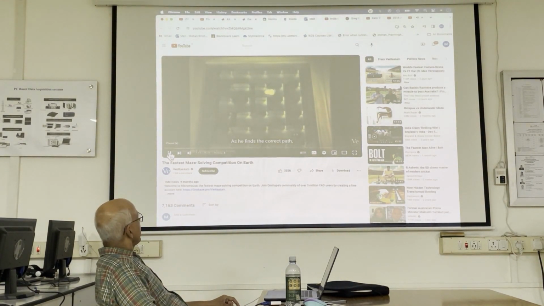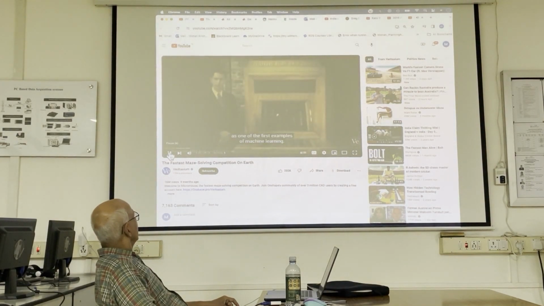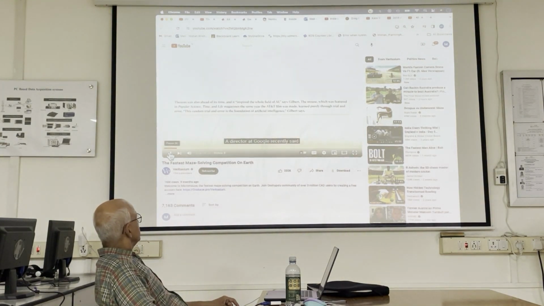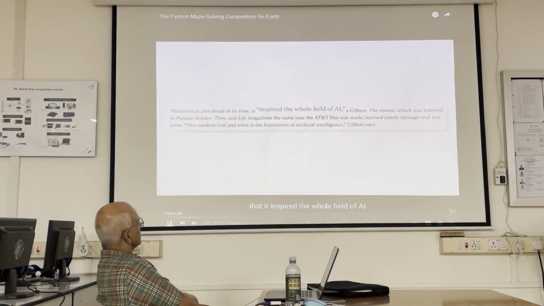As he finds the correct path, he registers the information in his memory. Later, I can put him down in any part of the maze that he's already explored, and he'll be able to go directly to the goal without making a single false turn. Theseus is often referred to as one of the first examples of machine learning. The director at Google recently said that it inspired the whole field.